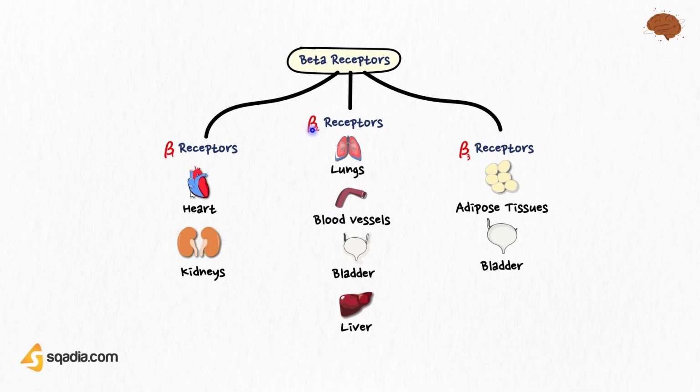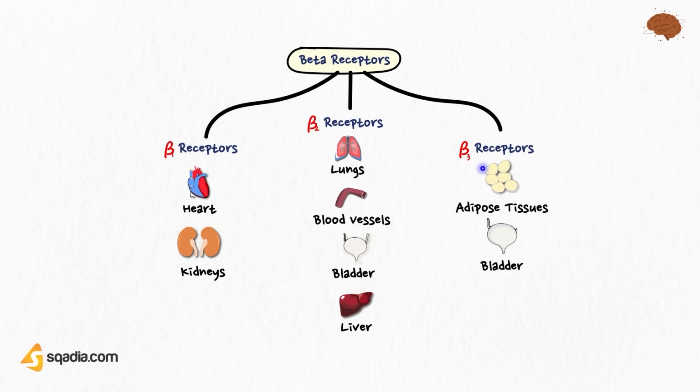Because beta receptors are adrenergic receptors, we are talking about sympathetic effects here, like stimulating these receptors causes sympathetic effects. In the bladder, they cause relaxation of the sphincter, while in the liver, they promote glycogenolysis, the conversion of glycogen to glucose, because the body needs a tremendous amount of energy in that particular state.